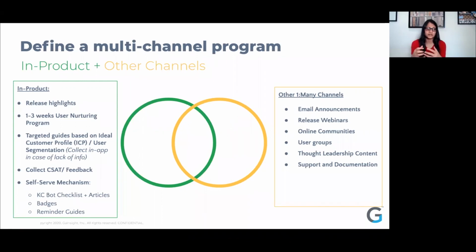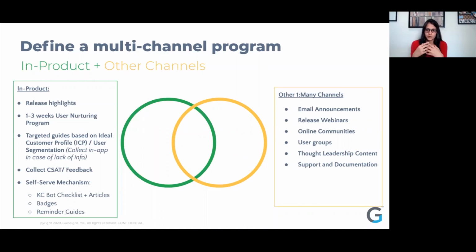So again, in-product is a great vehicle to really enrich that experience with every release cycle of your product. And the other channels can include email announcements, which is already very common today, but you can do a very coordinated effort here with in-product announcements versus email announcements. And with certain big releases, you can also do release webinars where your product managers can specifically talk about outcome-driven release versus feature-driven.